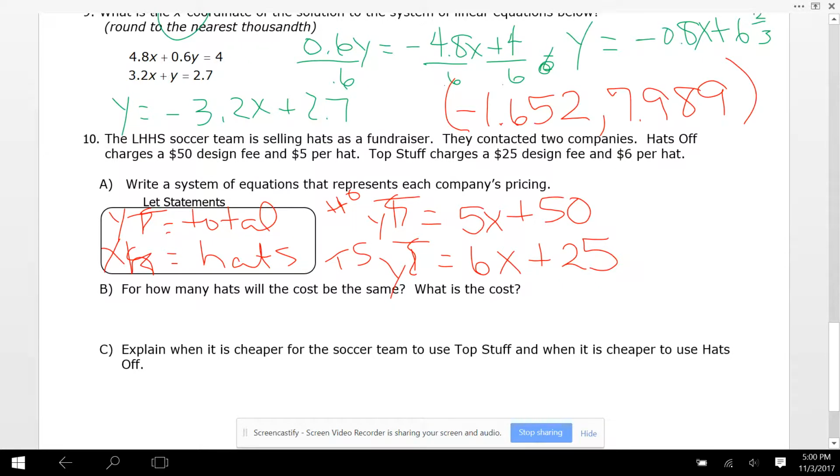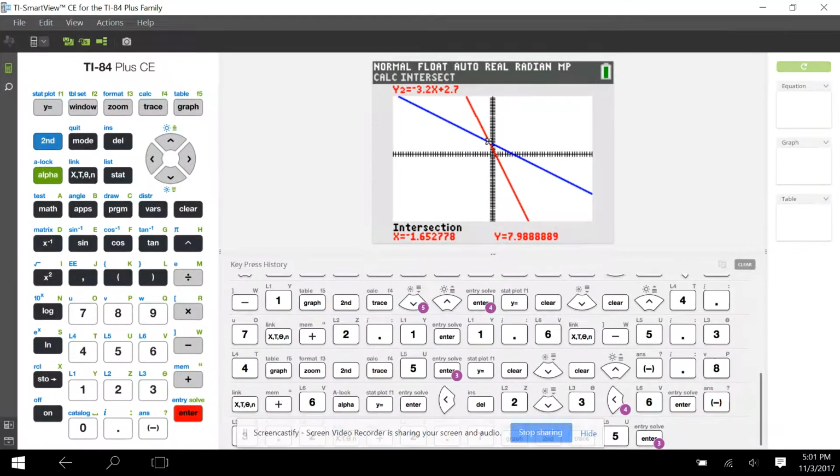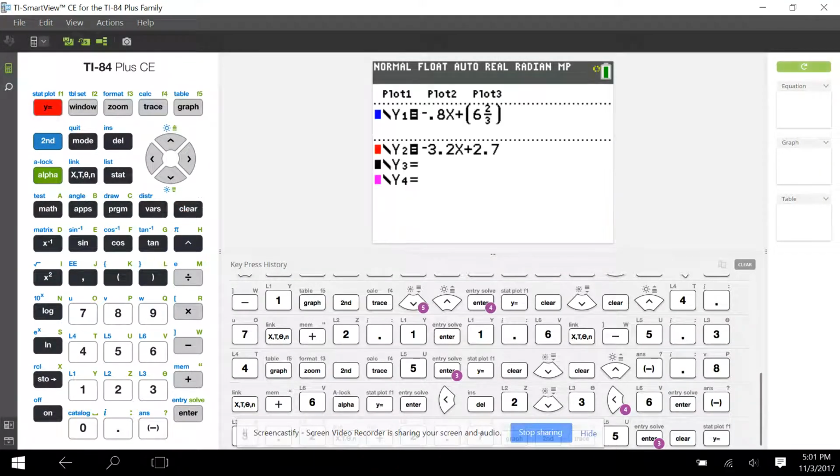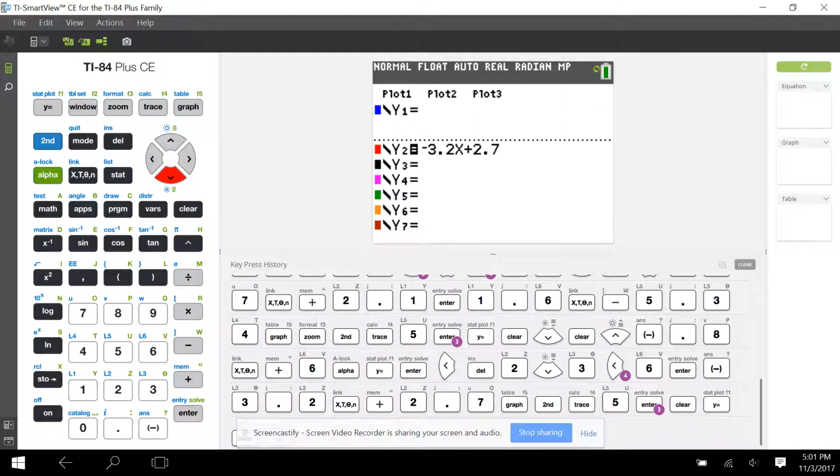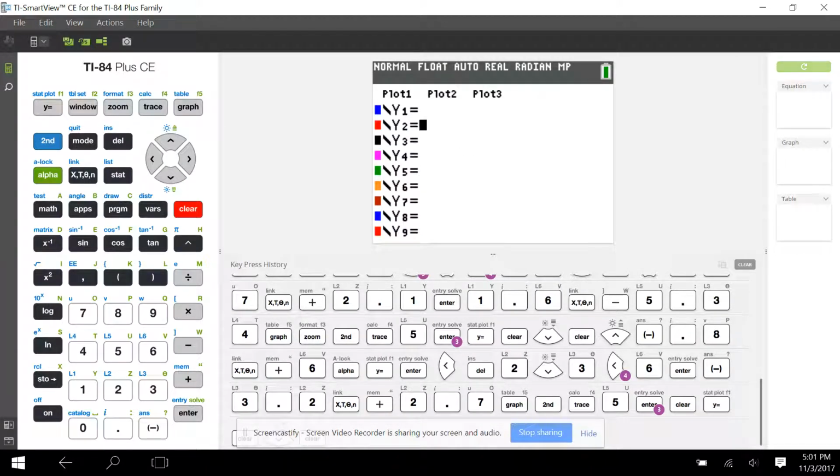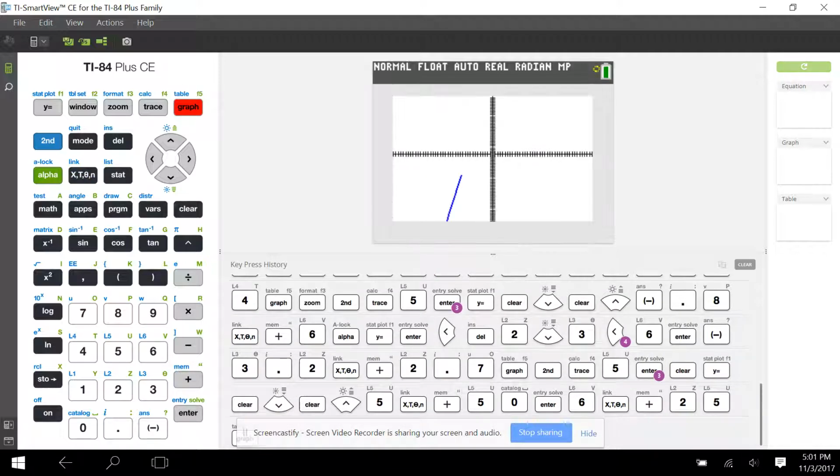So let's go to our calculator and see what is the magic place where they cross, where the hats cost the same amount. Okay, so I have, man, I just erased, okay, so I have y equals 5x plus 50. And the other one's going to be 6x plus 25. Graph. Okay, these look kind of crazy, don't they?